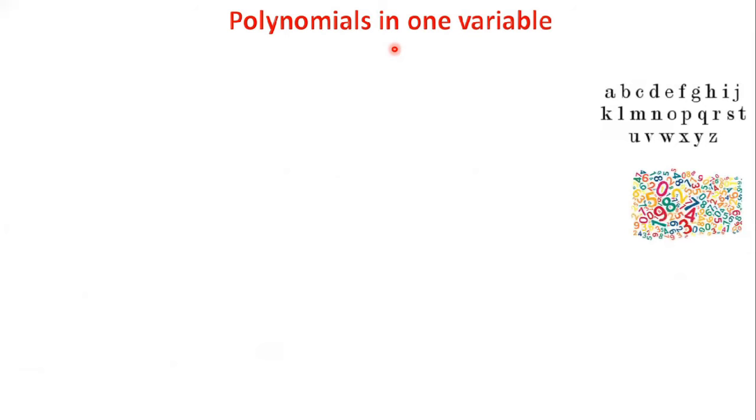Now let us see what are polynomials in one variable. We have 26 letters in the English alphabet which we can use as variables, and a collection of numbers we can use as constant terms.